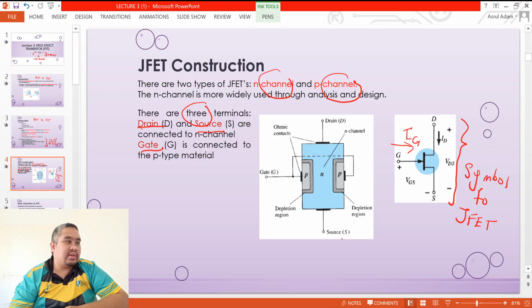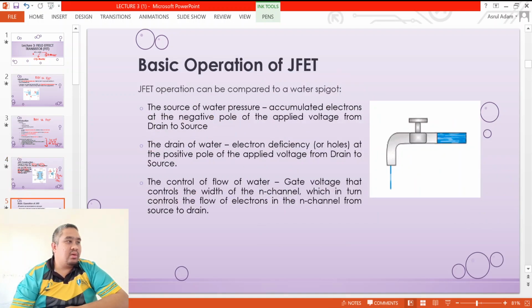Now we move to the next slide. Basic operation of a JFET. We can imagine a water spigot here.